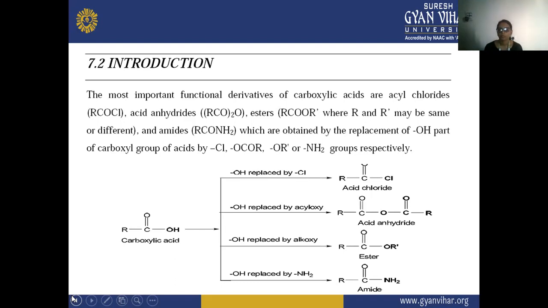The carbo comes from the carbonyl part, and the oxylic comes from the hydroxyl part. So it becomes carboxylic acid, and carboxylic acids are also members of the carbonyl compounds, like acetaldehyde, because all of the carboxylic acid derivatives contain the carbonyl part.